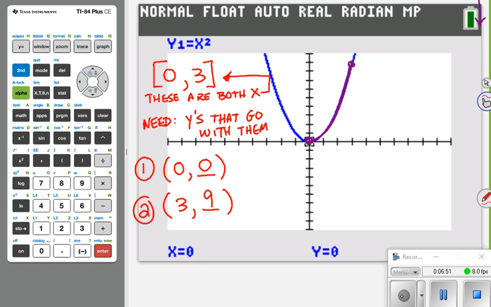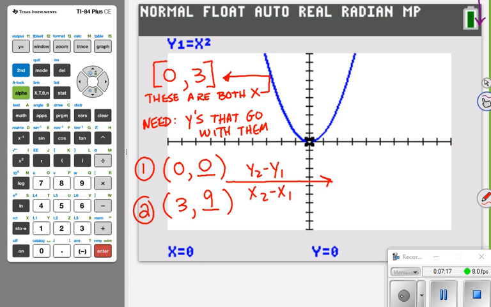So what you do is you connect the starting point with the ending point with a straight line, and you find the slope of that line. So we're going to proceed with finding the slope by doing y2 minus y1 over x2 minus x1.